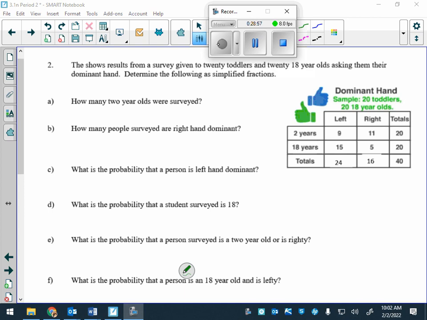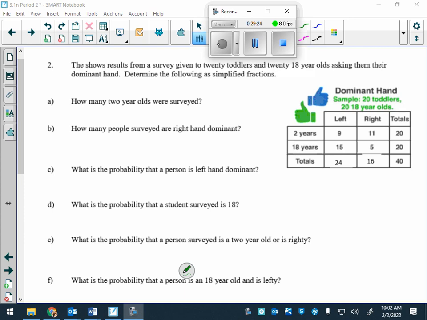It takes a little getting used to in terms of the terminology, but when you see "or," you have to make sure you're subtracting that overlap. Now, we haven't seen a problem like this, so if you had it incorrect, that's fine. So from here, you end up with 25 out of 40, which is 5/8.